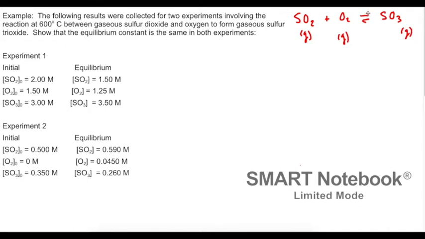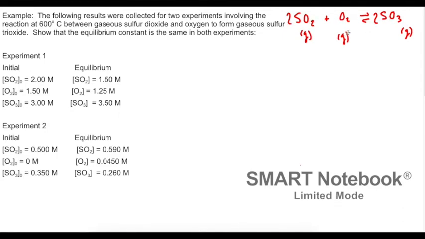Let's balance this. I have 4 oxygens on the left. So it looks like the only way I'm going to get those equal is to get 6 oxygens on the right, just like that. So 2 sulfurs, 1, 2, 3, 4, 5, 6 oxygens, 6 oxygens.